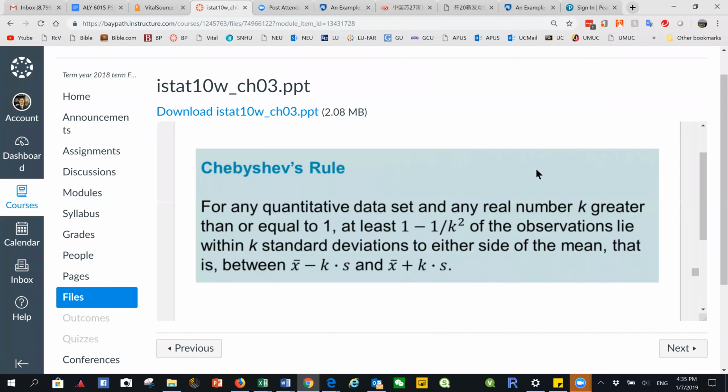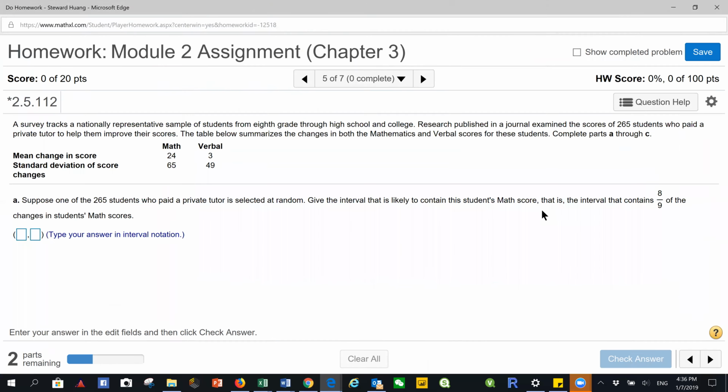So in order to answer this question, we need to calculate the interval between x bar minus 3 times the standard deviation and x bar plus 3 times s. We were given x bar, we were given s. Now we got k from the 8/9 through this formula, we can calculate that interval. All right, so hope that you got it now.